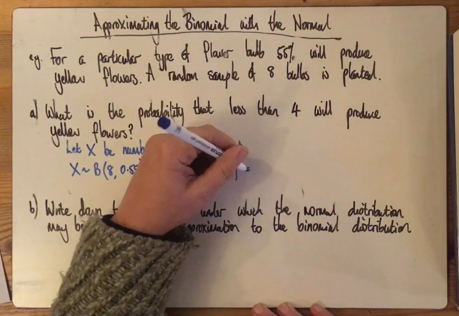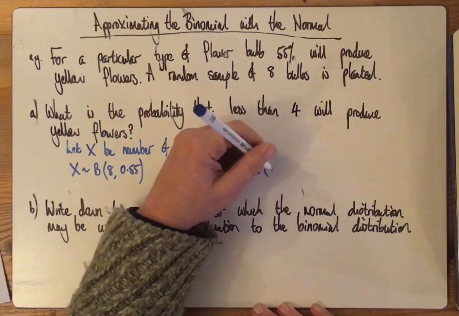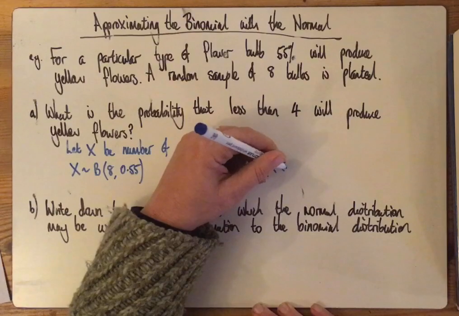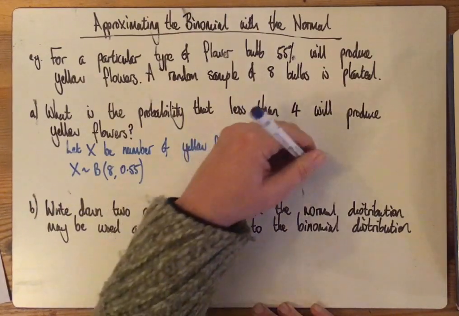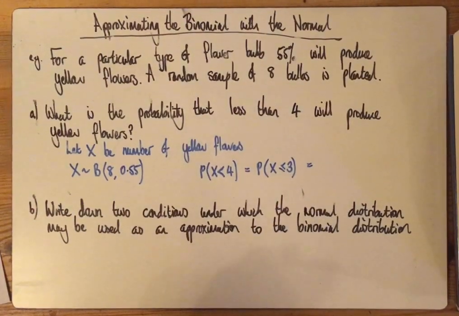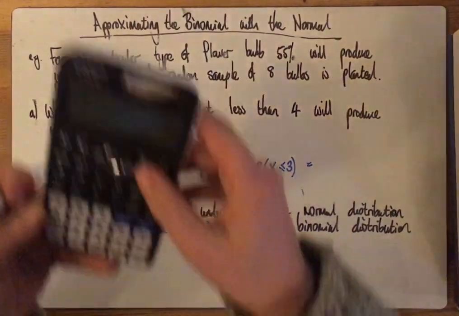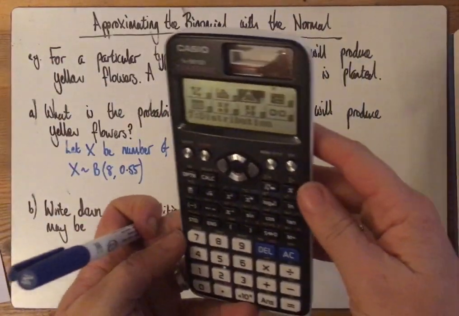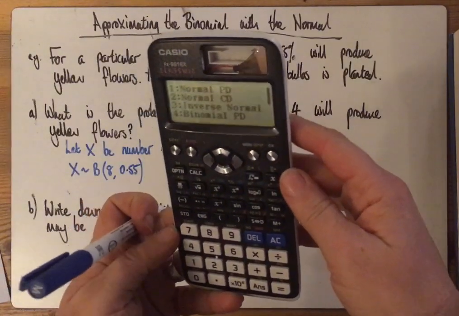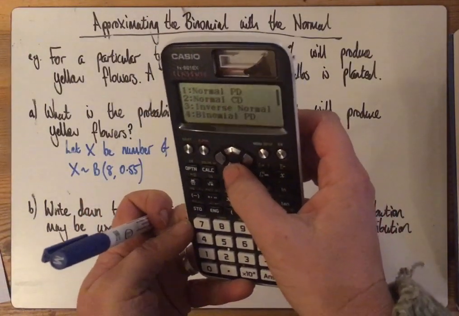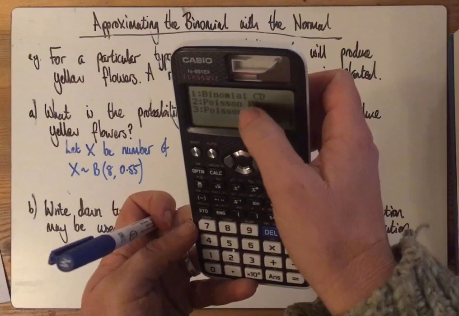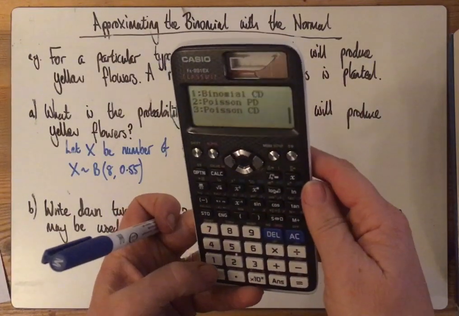Remember for the binomial that your calculator gives you cumulative probabilities, so it'll give you less than or equal to probabilities. And then go to your calculator, our favourite menu button at the moment, so menu 7. You'll have to scroll down to get to binomial CD. So that's option 1.